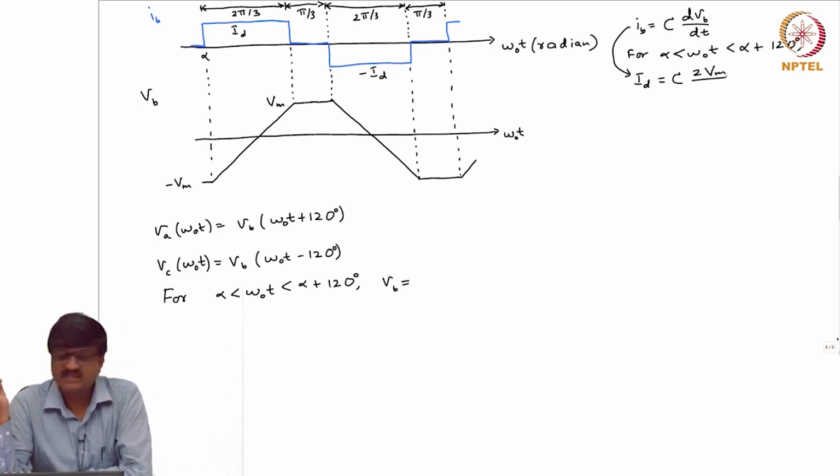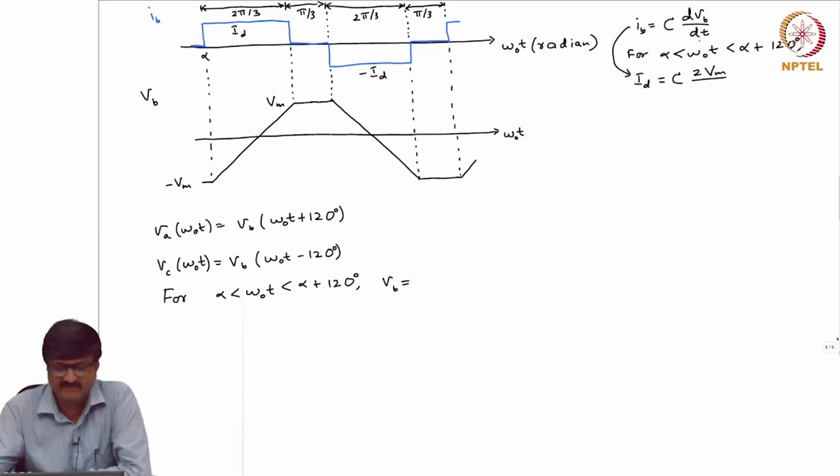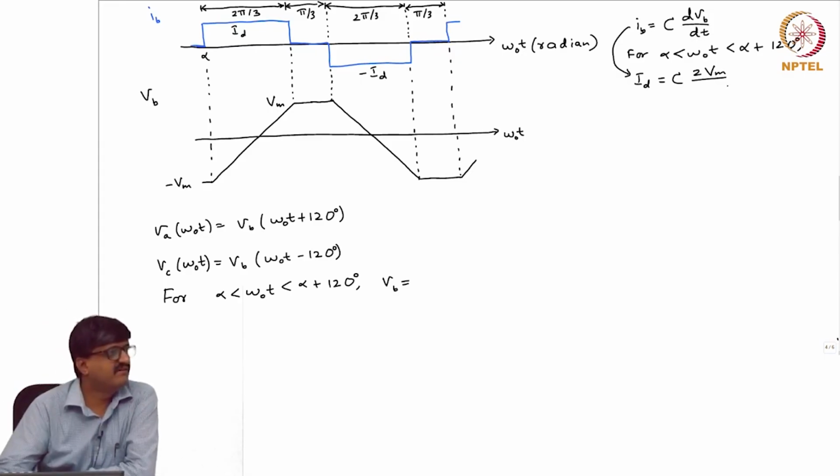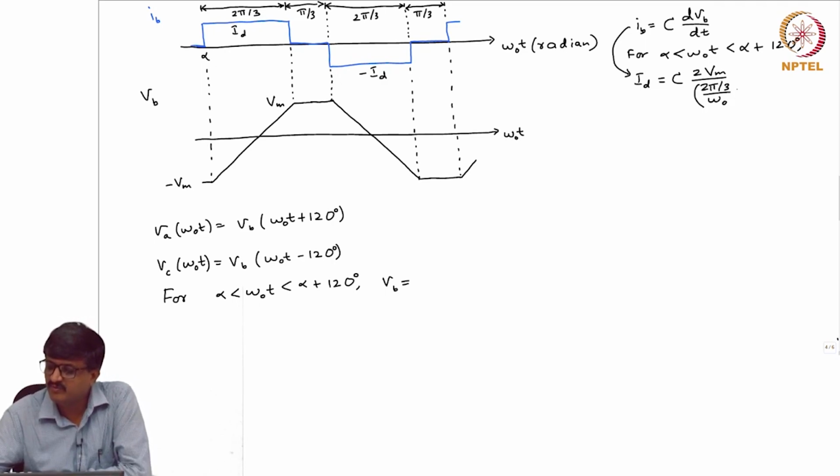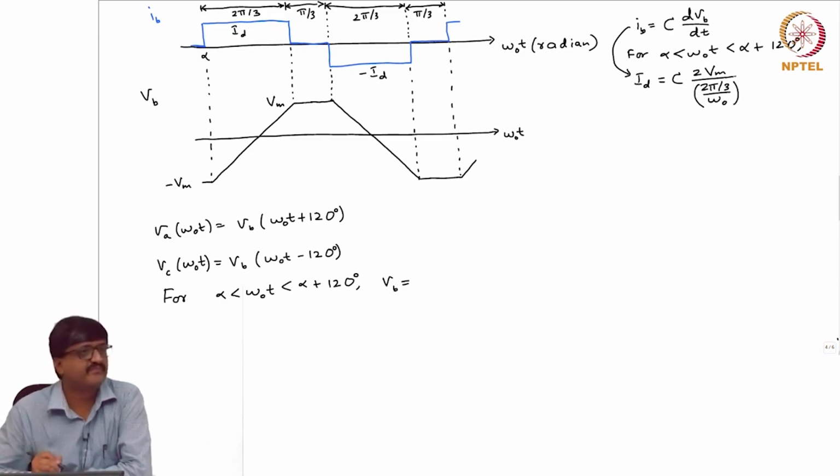So what is the duration? I am just writing the right hand side, C dVB by dt, the rate of change of VB with respect to time. It is 120 degrees, so 2 pi by 3 in radians divided by omega O. Is that okay?